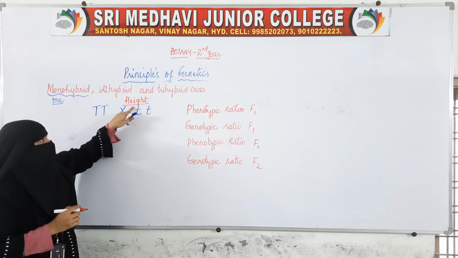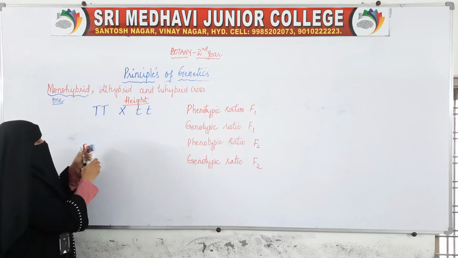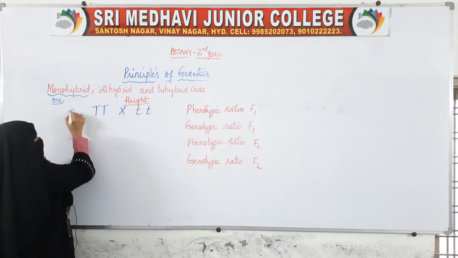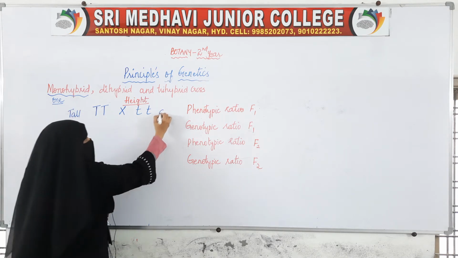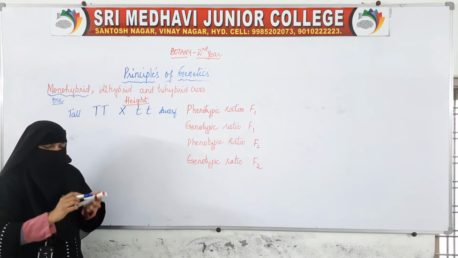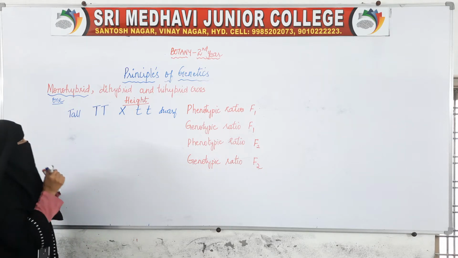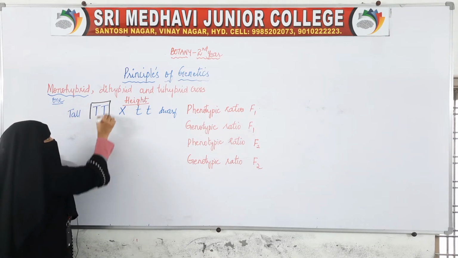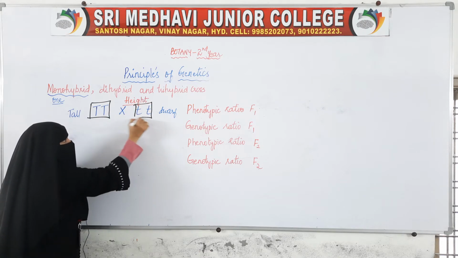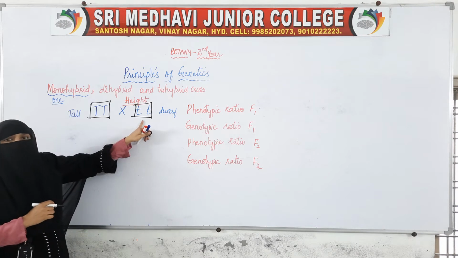We are taking the character height. Height will be tall or it can be dwarf. And always remember, when we start the cross we start with a pure line. So this is a pure tall plant and this is a pure dwarf plant.